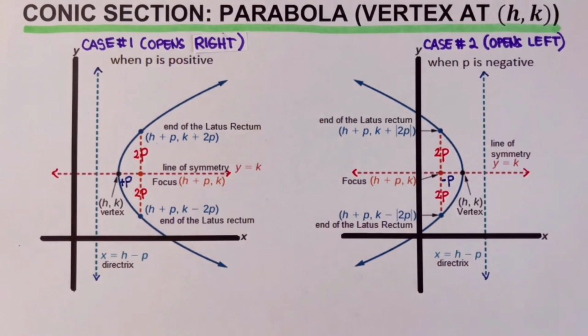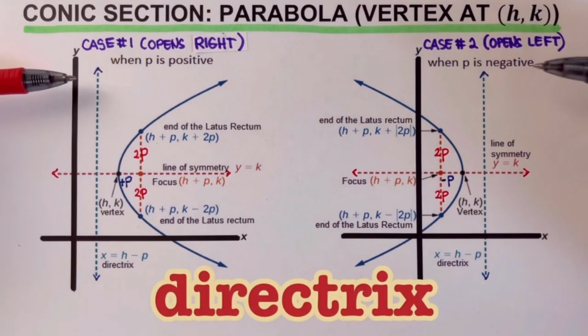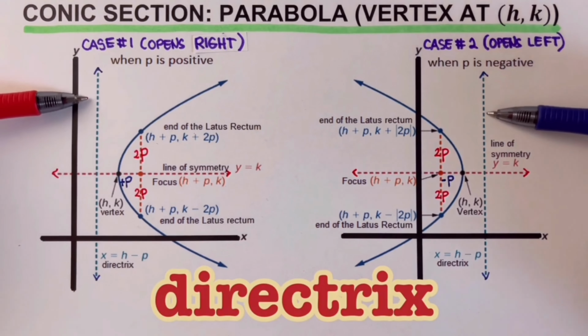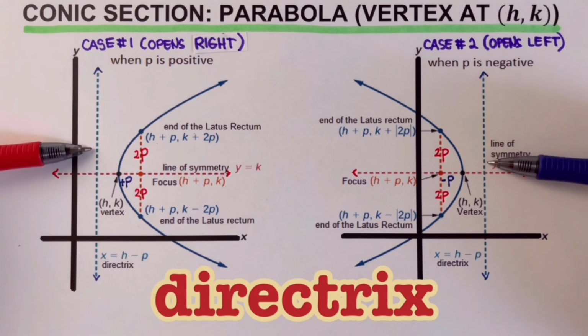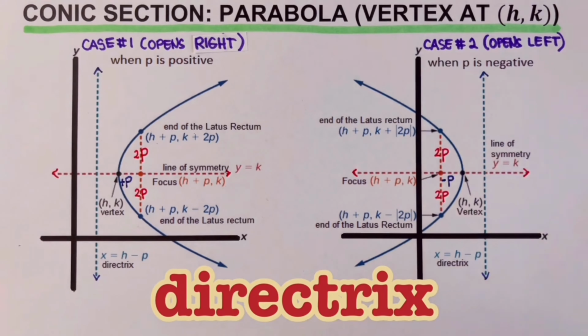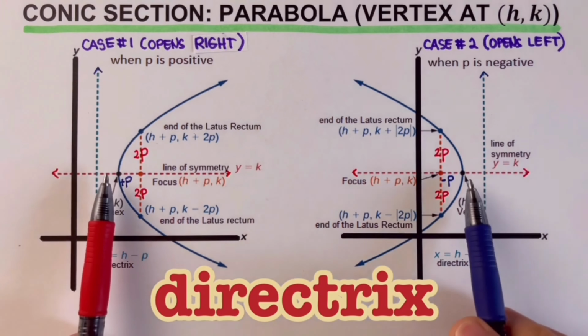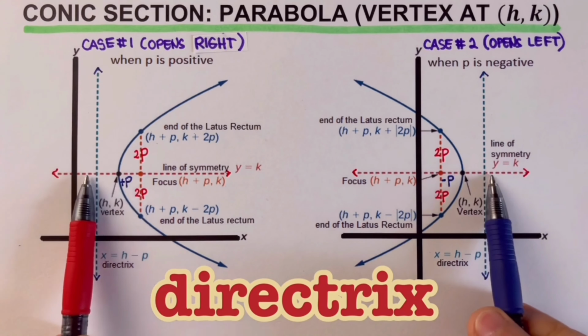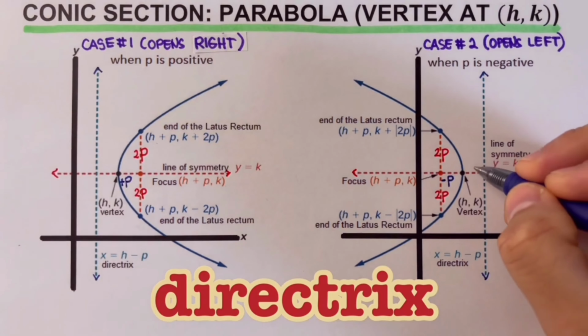Now, another part that we need to remember is the directrix. So this is the directrix right here, represented in a broken line. We also remember that the distance of the directrix from the vertex is also p. So I can go ahead and label that up here.